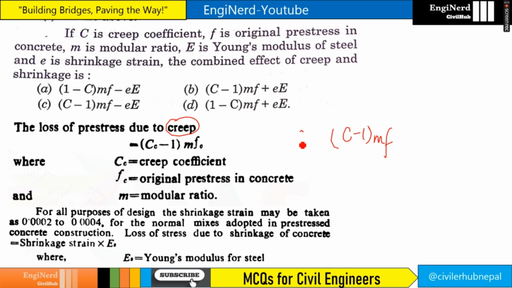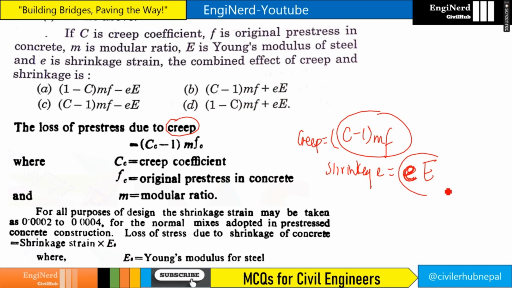This is due to creep. And due to shrinkage, it will be strain into what? Strain into elastic modulus. So if you combine this, (C minus 1) M F and e E, so this is the answer. (C minus 1) M F plus e E is our answer.